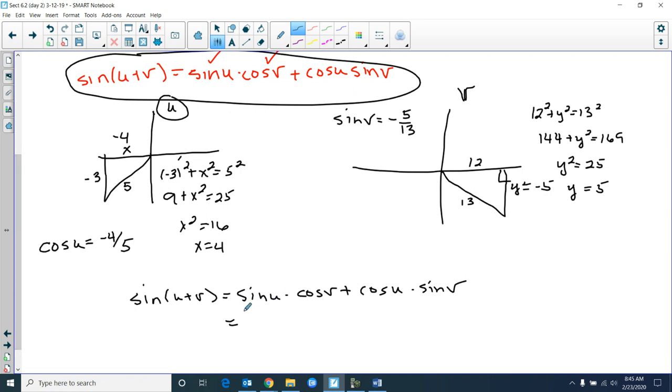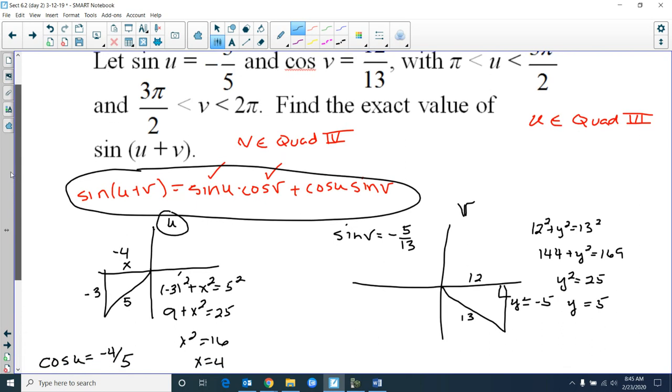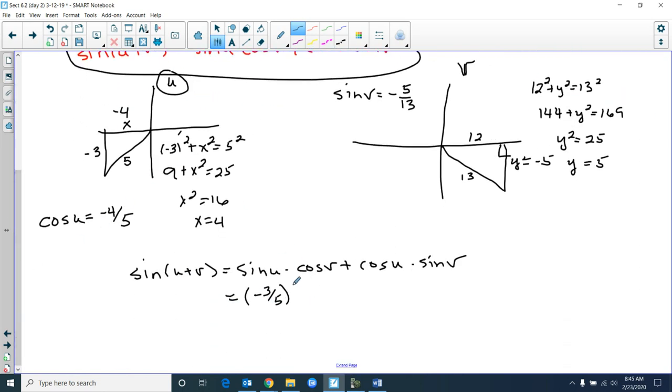That does not go in for the u, it goes in for the whole thing. So you have negative 3/5 there. If you look up above, the cosine of v is positive 12 over 13. Plus cosine of u, which we figured out over here, is negative 4/5. Sine of v is negative 5/13.